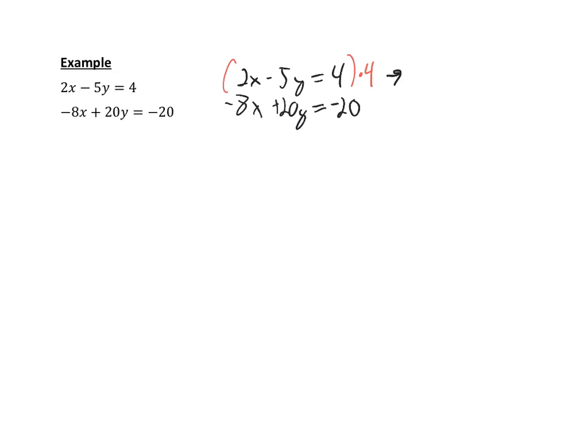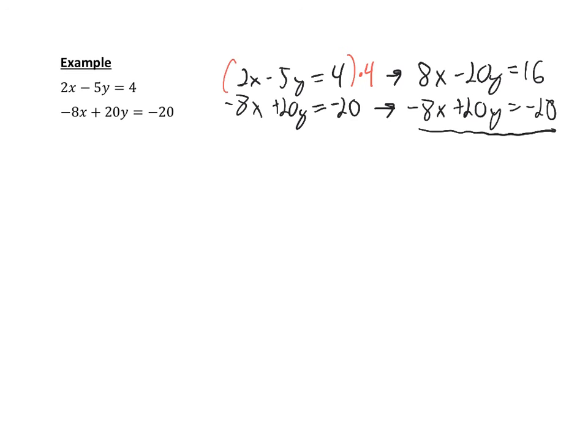So I'm going to have, multiplying by 4, 8x minus 20y equals 16. The bottom line would be negative 8x plus 20y equals negative 20.